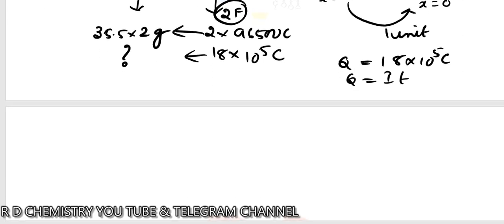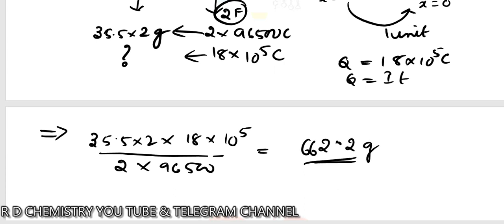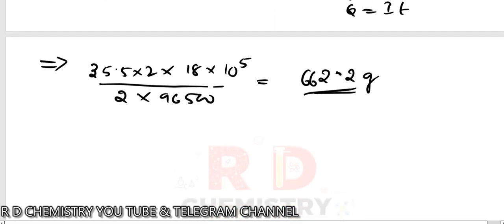On cross multiplication, it is 35.5 into 2 into 18 into 10 power 5, whole divided by 2 into 96,500. We end up with the same mass, 662.2 grams of chlorine. This is the second way of finding the mass liberated.